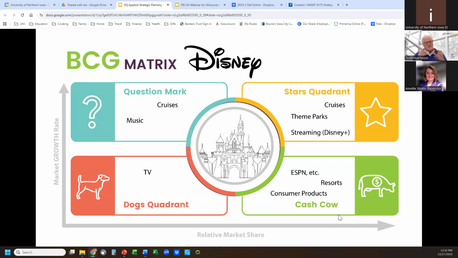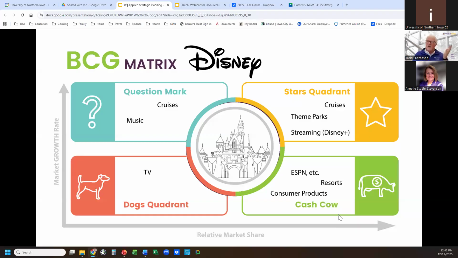Cruises, may not be stars, may not be cash cows. They seem to be pretty solid. There's a lot of high opinion about them, but you continue to question whether they fit with your strategy. So again, the point isn't to really examine Disney in this short period of time that we have together, but it's to just show you how this tool could look.